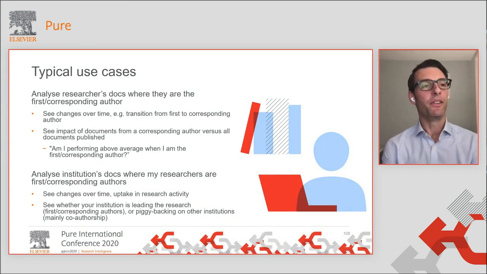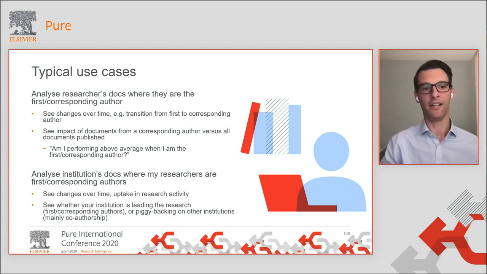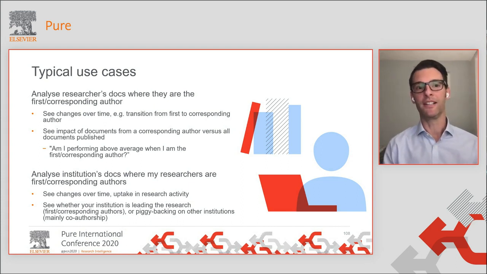With authorship metrics, we haven't actually divided up the citations, but it allows you to look at publications where you could potentially have had more impact than in other publications. So in this case, looking at where you're the first and corresponding author, you can see, am I performing above average when I'm the first and corresponding author?